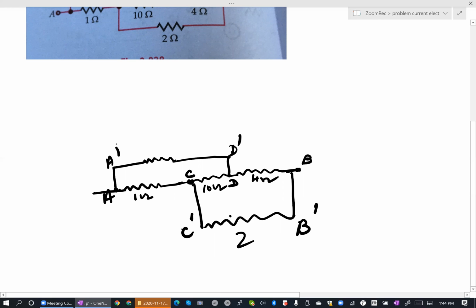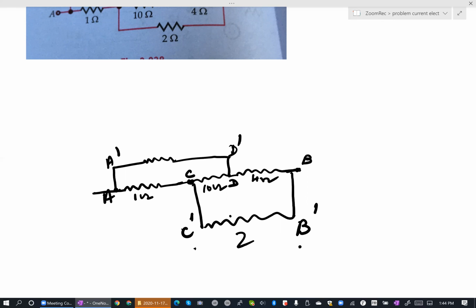So this is A dash and this is D dash. This is C, this is D, this is C dash, this is B dash, and this is B. So A and B should imperatively be the two terminals connected to the battery if you want the resistance between the two junctions A and B.